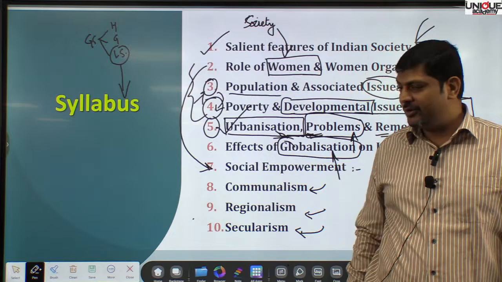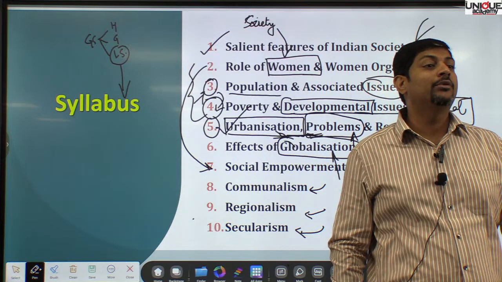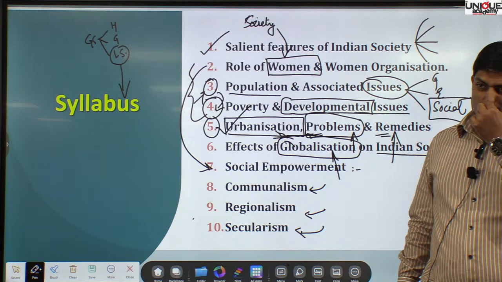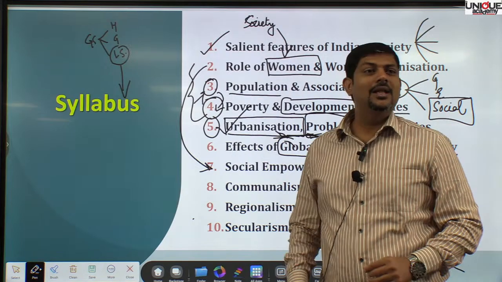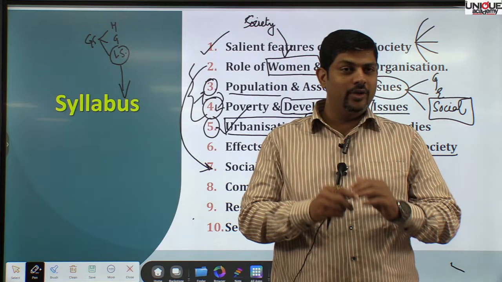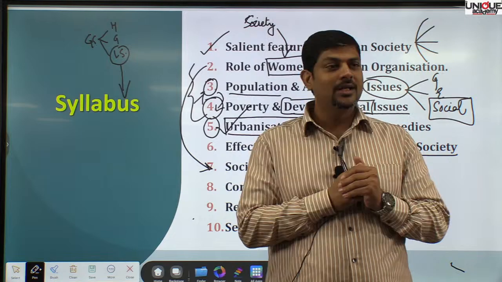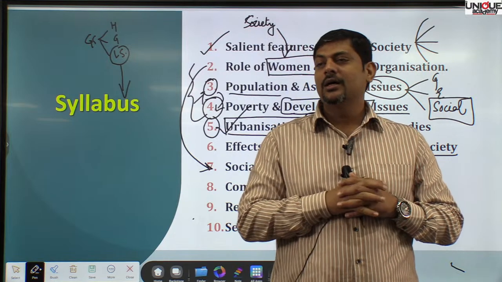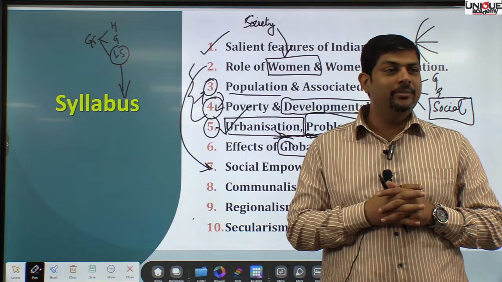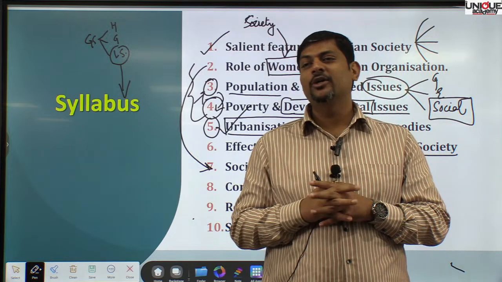For example, when we talk about the issue of regionalism, right? We have already discussed that India is a vast landmass. India is a country where different cultural pockets exist. And now it turns into an ideology on the basis of the region that a particular person belongs to.